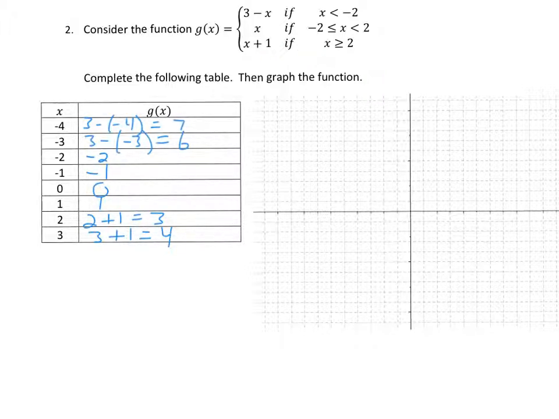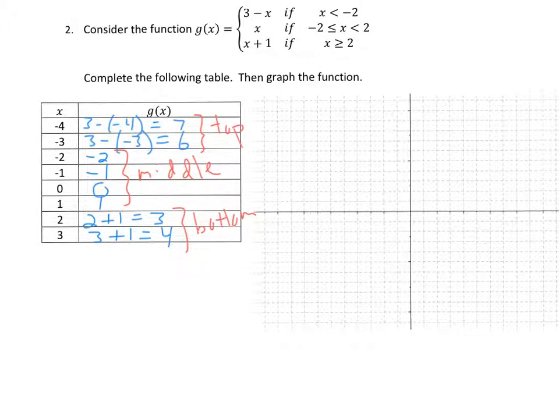So really, to summarize, these first two x values in the table, we used the top equation, and then for the next three we used the middle equation, and then for the last two we used the bottom equation.